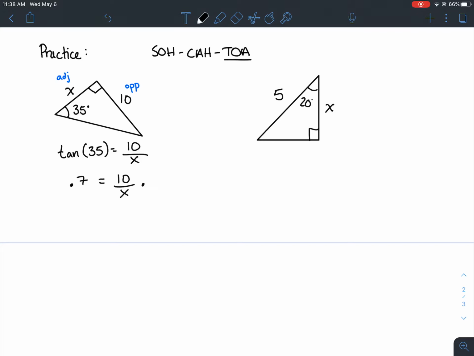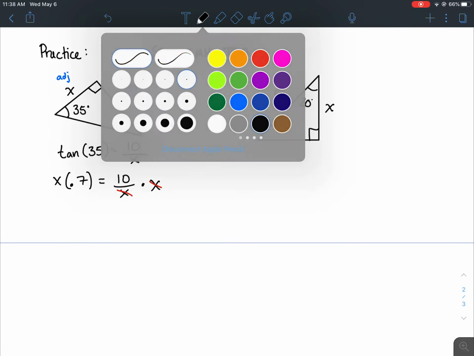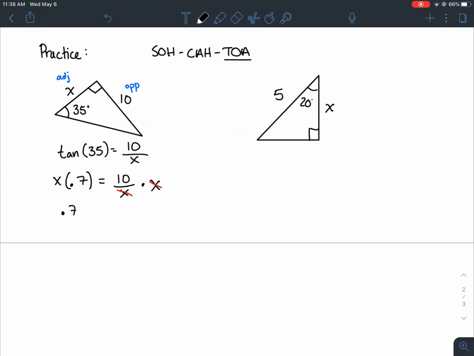So I'm going to multiply by x on both sides. That's going to cancel that. And now I have 0.7x equals 10. Well, to get x by itself, I just have to divide by 0.7, because that's going to cancel these on that side.